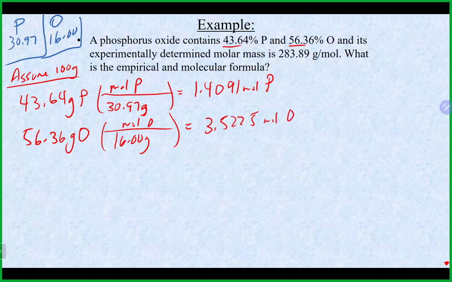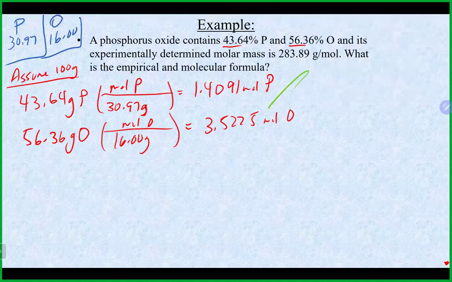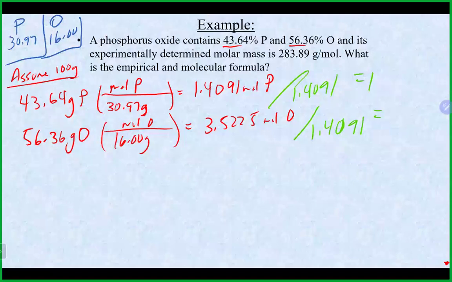In this case, it is going to be our phosphorus that is the smaller of the two. So we're going to divide everybody by the 1.4091. And that's going to give us a 1 there. And when we do it for our oxygen, we are going to get basically a 2.5 in this case.